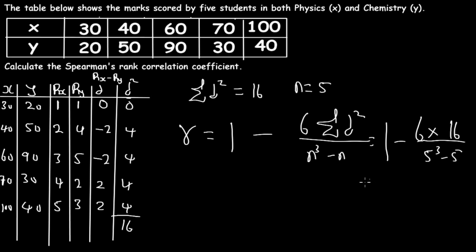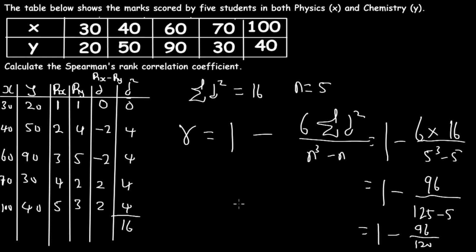So we need our calculator for that at this point. We have 1 minus 6 times 16. I got 96. 96 divided by 5 cubed, which is 125, minus 5, is 120.